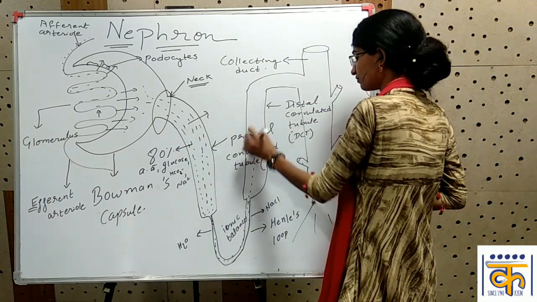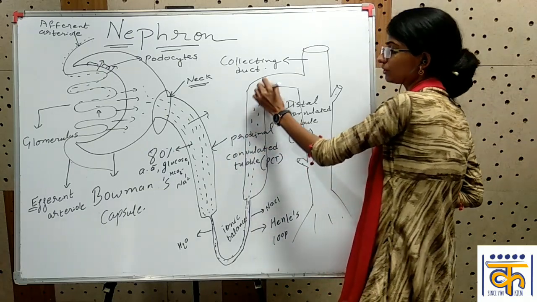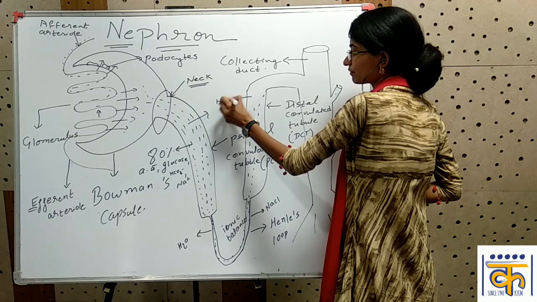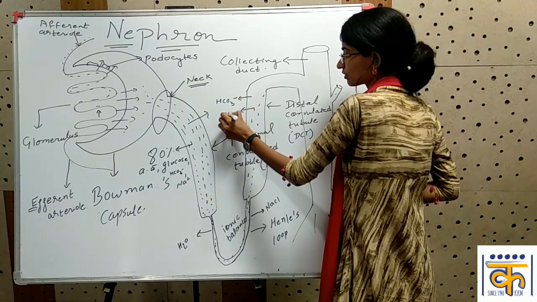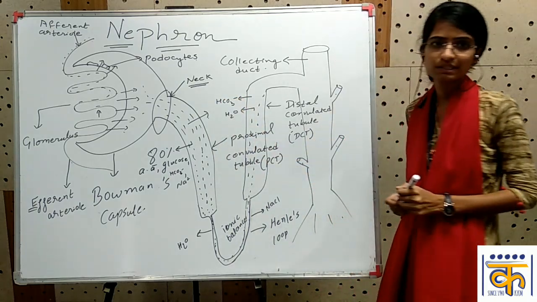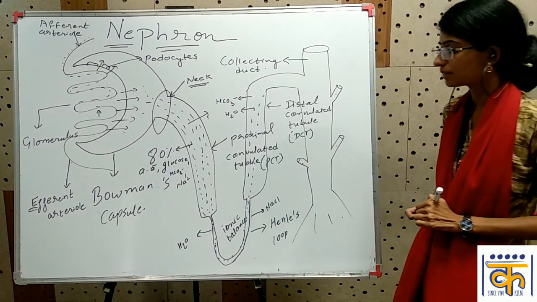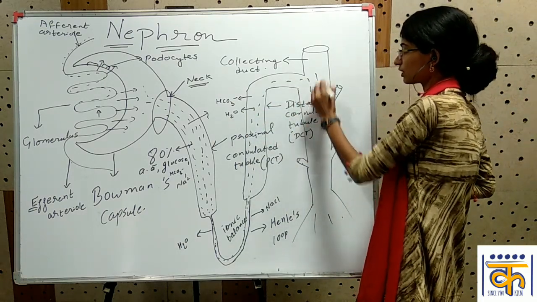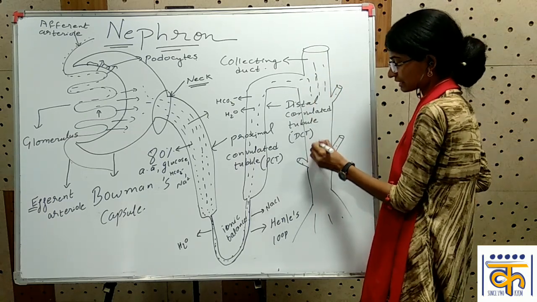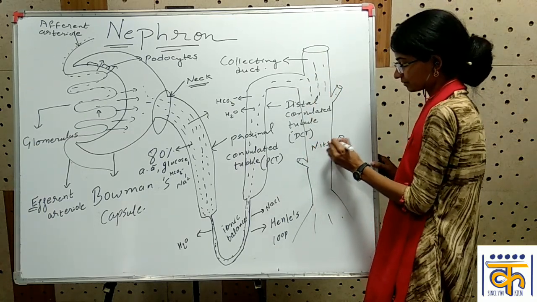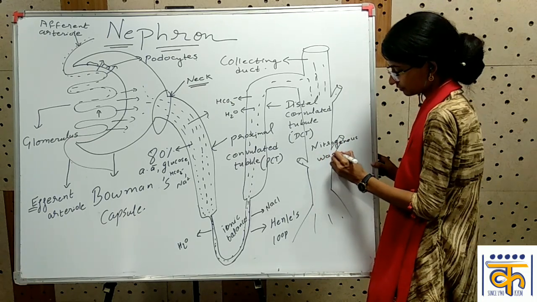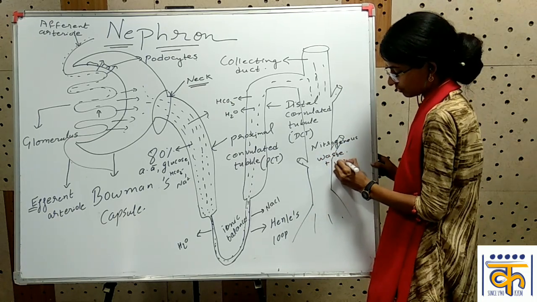Later on, it is carried forward to the distal convoluted tubule, whereby if some electrolyte or some important component is left off for reabsorption, it is reabsorbed along with a small amount of water. So finally in the collecting duct, whatever enters is precisely nitrogenous waste plus a small amount of water.